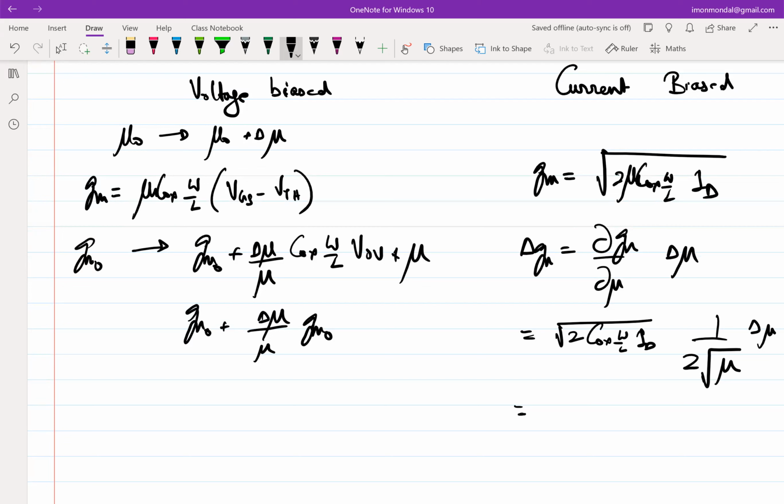If I want to express this in terms of GM on the right-hand side, this becomes root 2 mu Cox W by L ID times... did I make a mistake? Oh, this is fine, right?